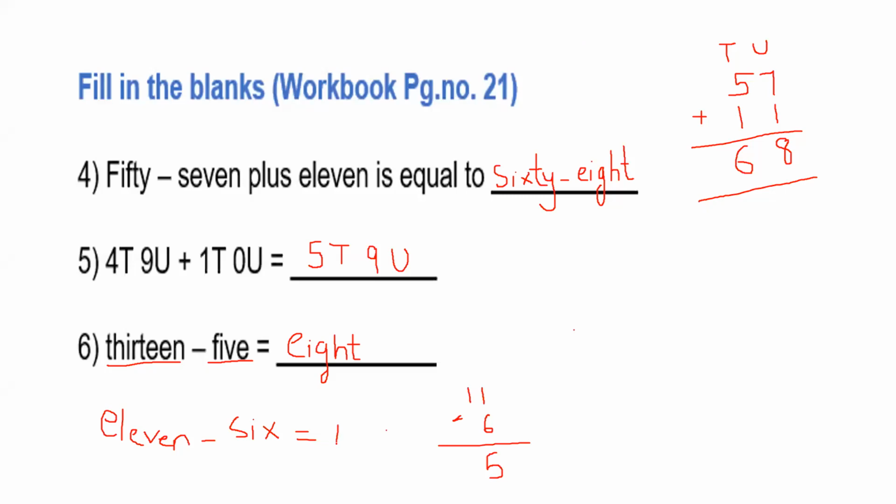What is the spelling of 5? F-I-V-E. 5. Okay, practice backward counting at your home. Because whenever it is subtraction, you have to count backwards, and for addition, you have to count forward. Understood?